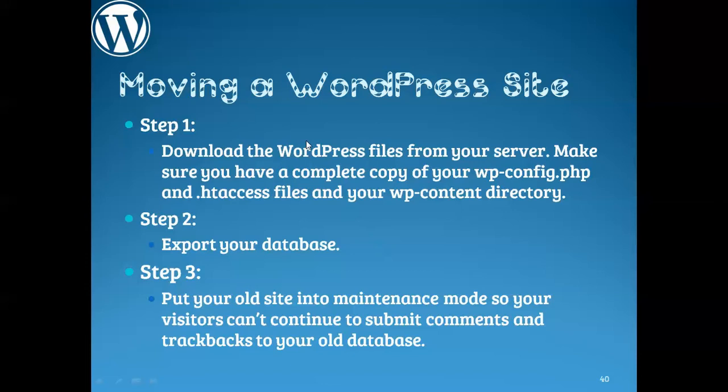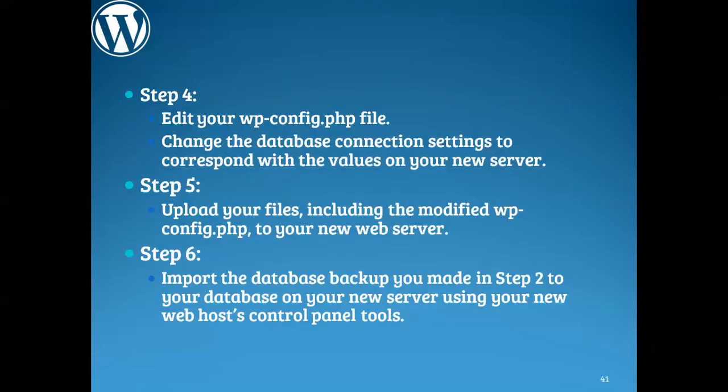Moving a WordPress site. Step 1: download files from the server. Make sure you have a complete copy of wp-config.php, the .htaccess file, and your wp-content directory. Step 2: export your database. Step 3: put your old site into maintenance mode so your visitors can continue to submit comments and trackbacks to your old database.